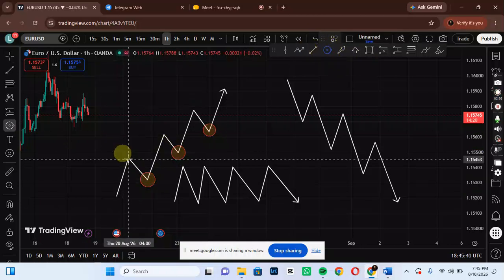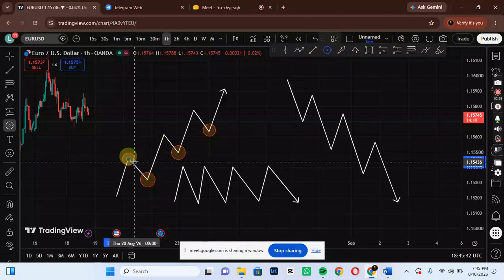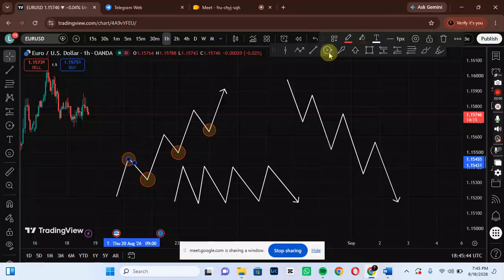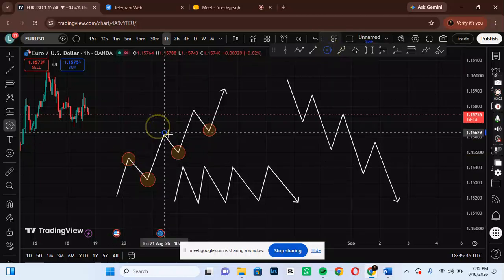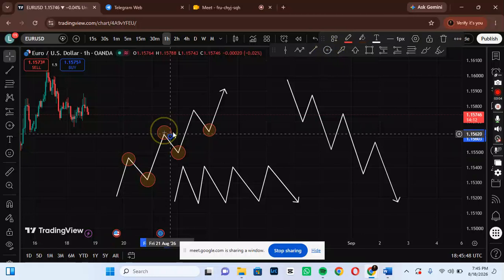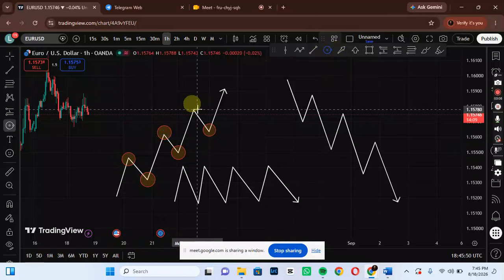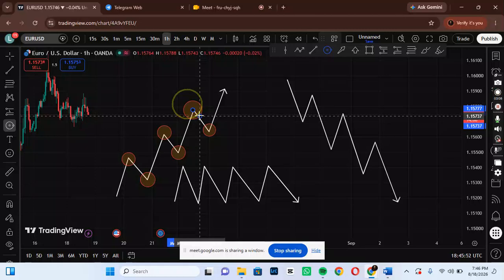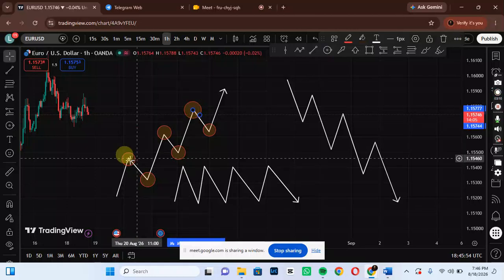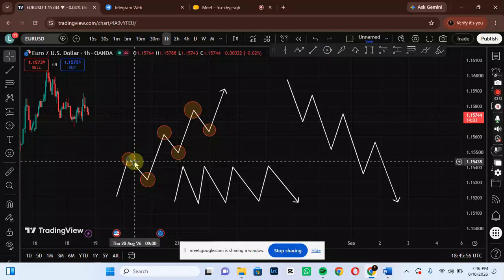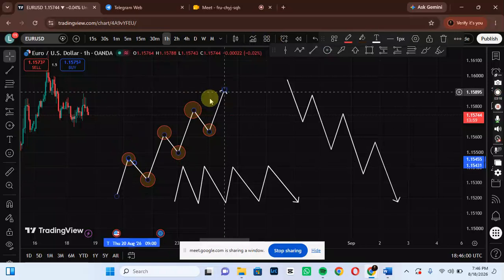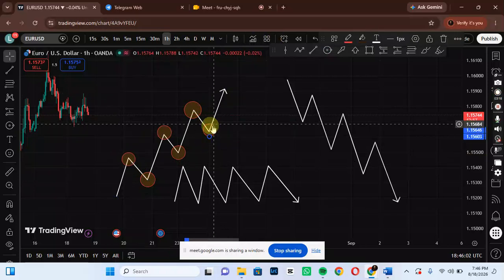All these are the higher lows. These are higher highs. As the market keeps ascending, it's going to be creating higher highs. I know for now you'll be wondering what higher highs and higher lows are.